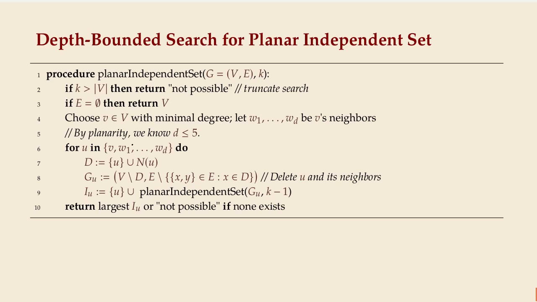Now the essence of the algorithm is if G is planar, so we assume G is planar, then we will find one node with minimal degree so that it only has 5 or less neighbors. Now for an independent set, say this is our node V and it has a few neighbors. There might be, of course, many more edges.